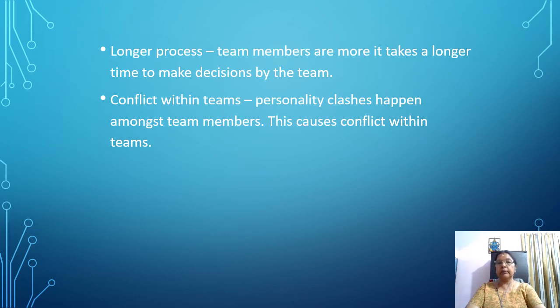And since the team members are from different backgrounds, different levels of experience, and different knowledge levels, they will have personality clashes, ego clashes among themselves. So this leads to conflict among the teams, and this can greatly affect the working of the team. The team cannot work towards achieving the common goals when there is too much conflict amongst themselves.